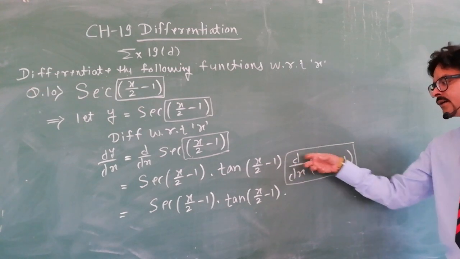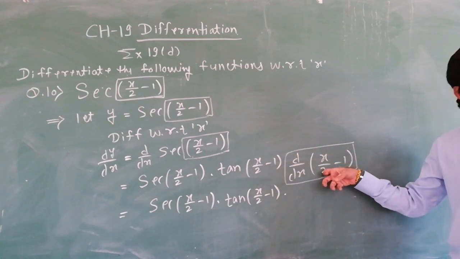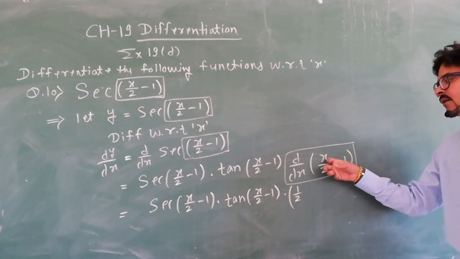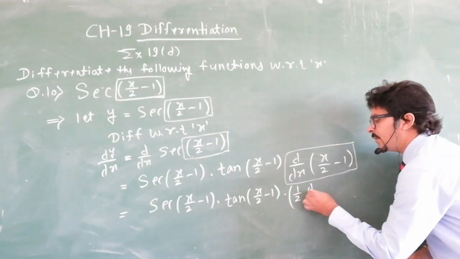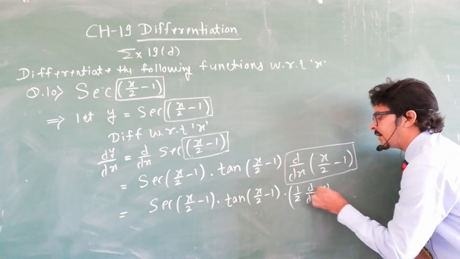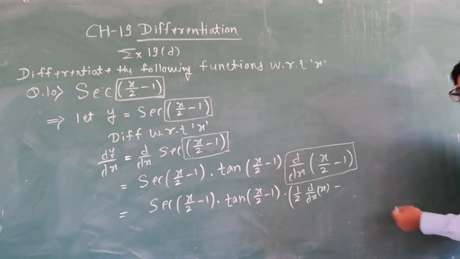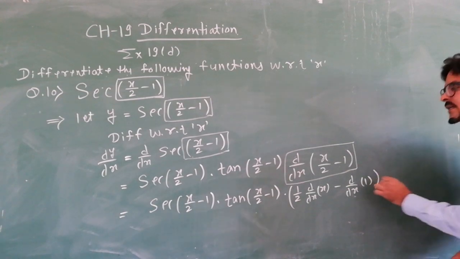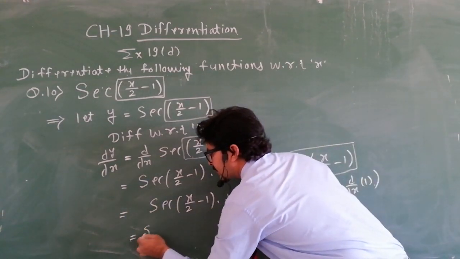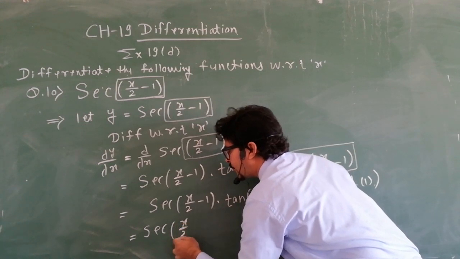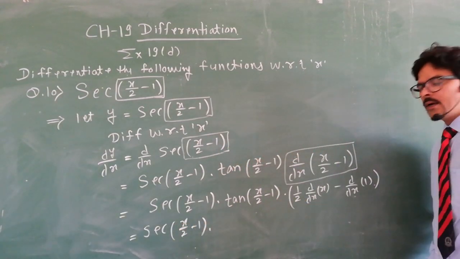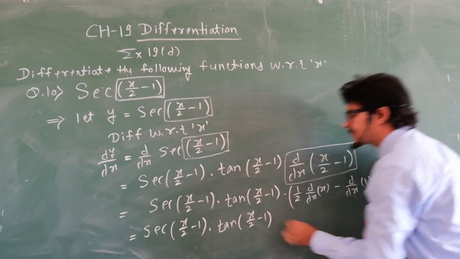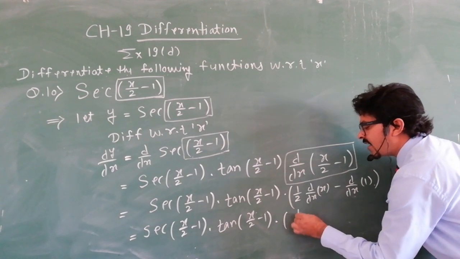On the first term, 1 upon 2 is a constant, right? So we'll take 1 upon 2 out. After this we need to find the derivative of x, d by dx of x only. Now minus, in the second term we need to write d by dx of 1, and 1 is a constant. So in the next step we can write sec(x/2 - 1) as it is into tan(x/2 - 1) into this half as it is.